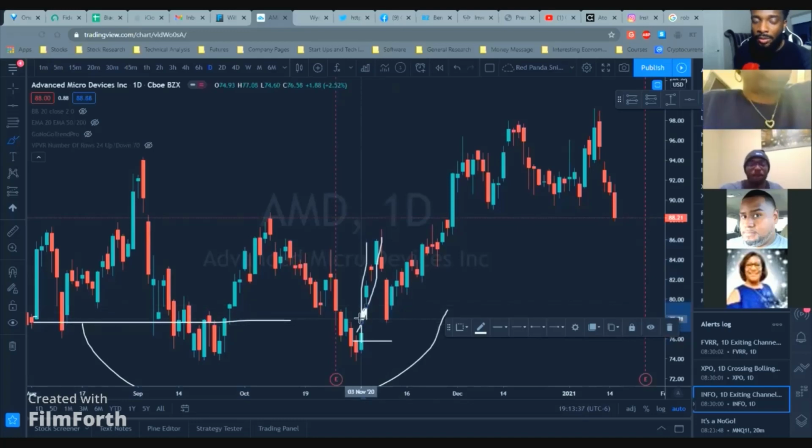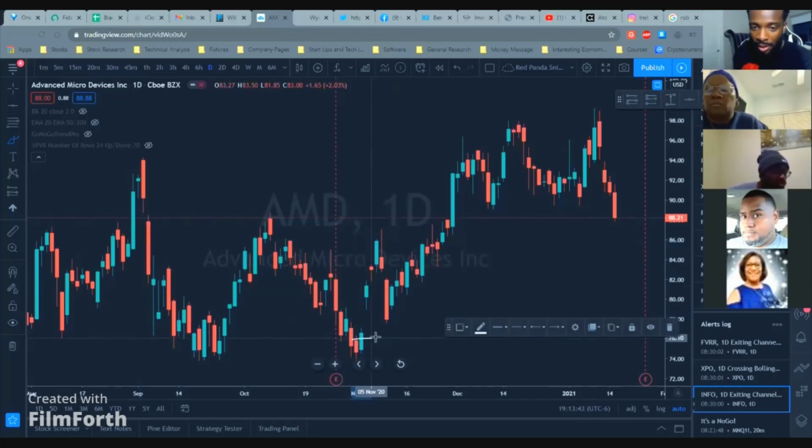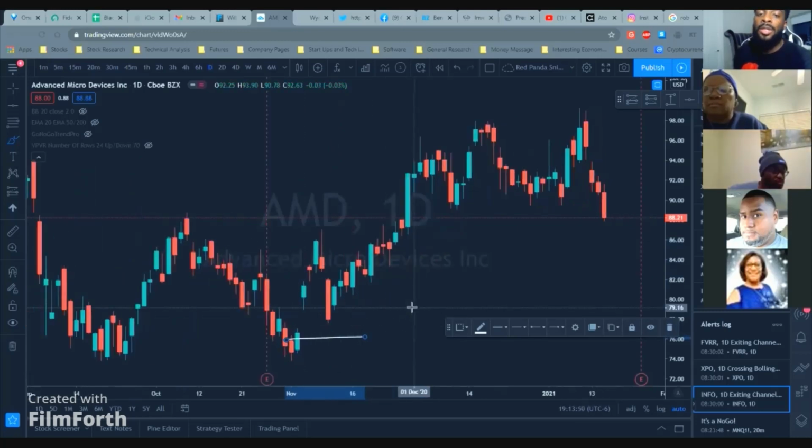So I could say this engulfs this candle, and this could probably be a possible entry point. But this would not get me into the trade, so I would miss this one.